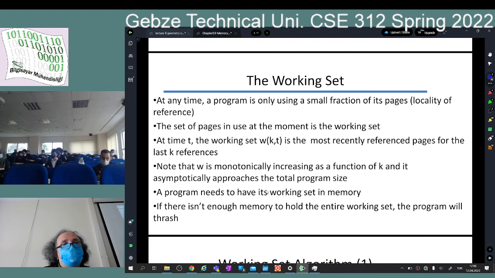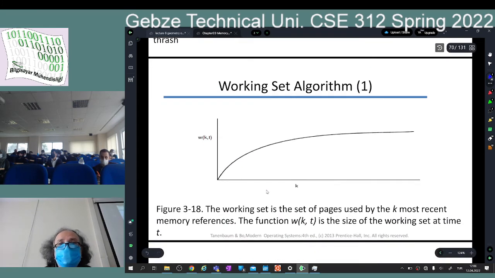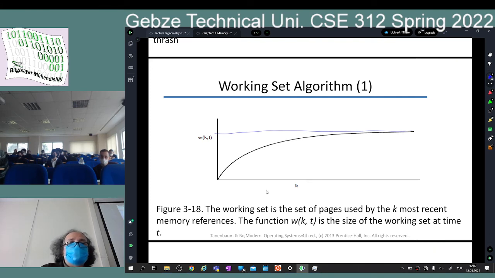That will turn out to be your whole process size. But I am not interested in the whole process size. I am interested in only a limited number of references. Here is one example working set for a program. This limit here, see, it is asymptotically trying to approach this limit.